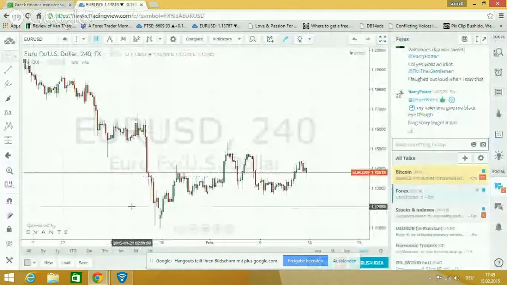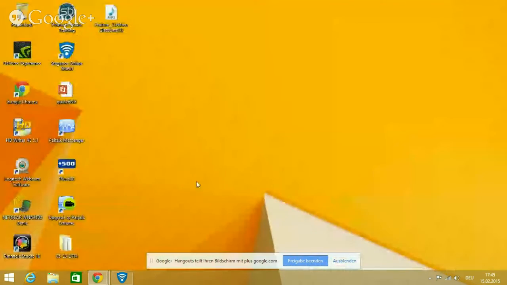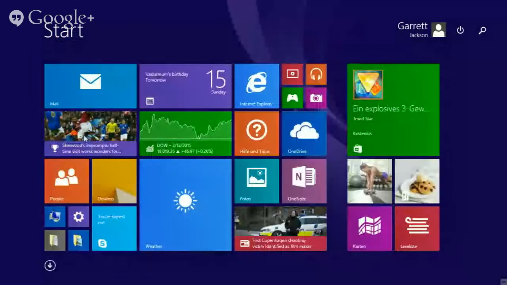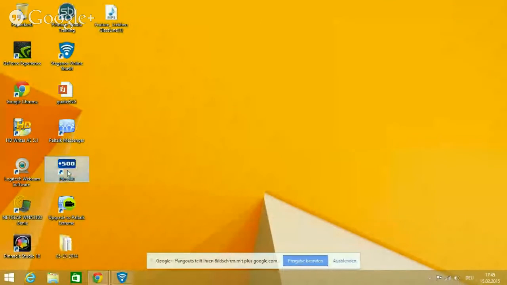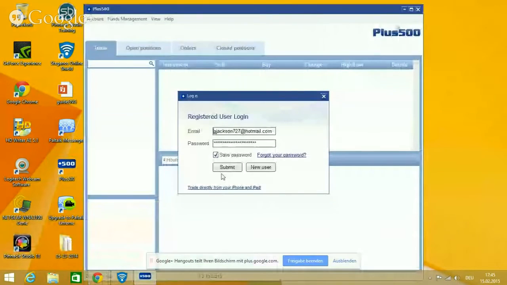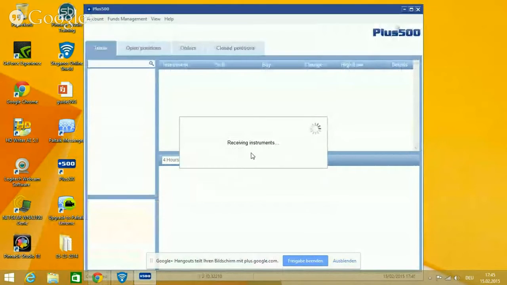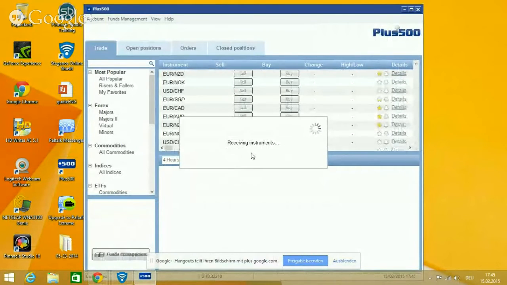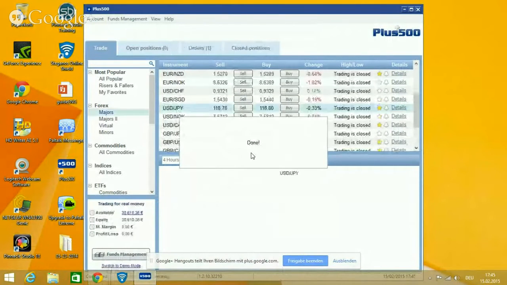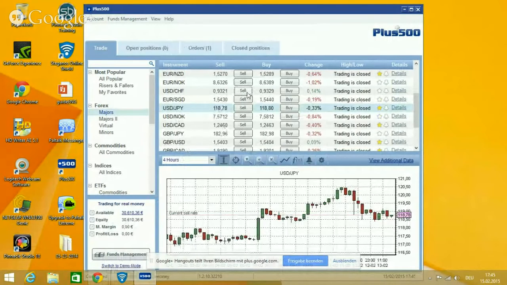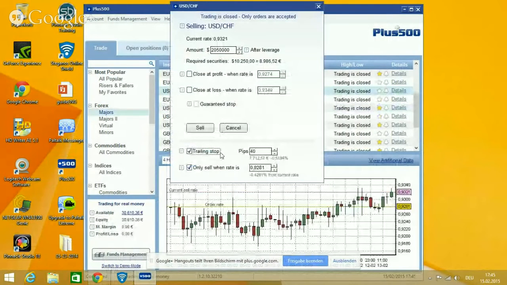Trailing stops, let me show you how that works real quick. I keep doing that for some reason. I'm still not used to this Windows 8, but trailing, what the hell? Oh, okay. Trailing stops work like this pretty much.